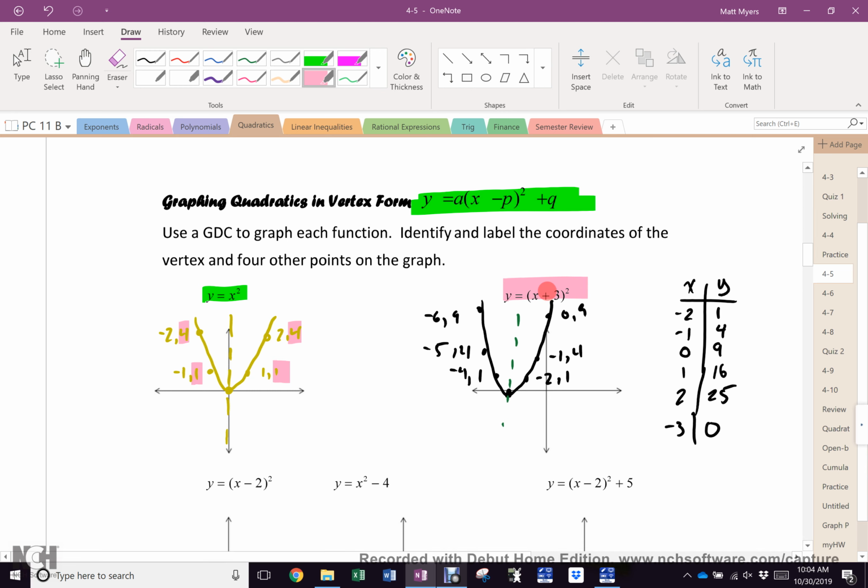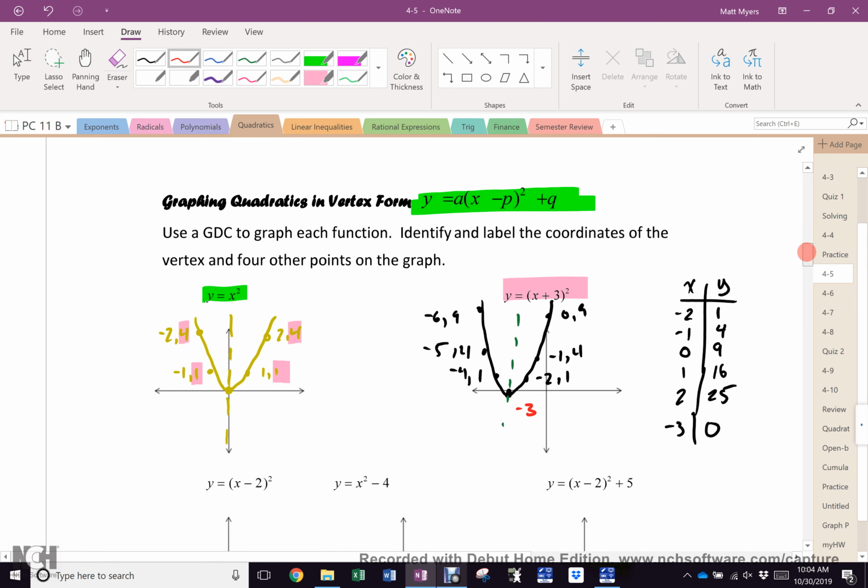X squared, yeah? But when I put plus 3 with the x, how far did that vertex slide? It moved -3, didn't it? If something happens once in math, what's our best guess for it happening again?